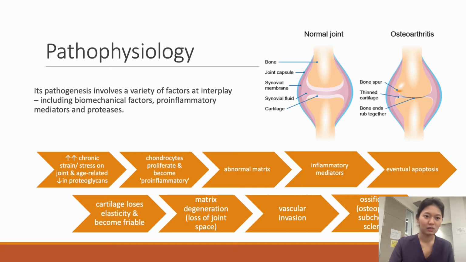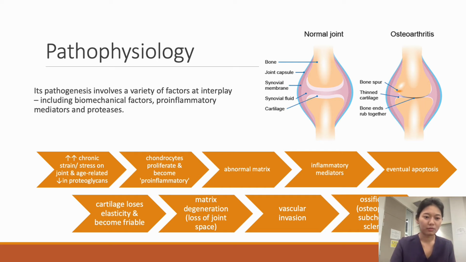So what causes it? A bit of pathophysiology. It was initially believed that it's all down to wear and tear, but more recent research shows that the pathogenesis involves a variety of factors, including inflammatory processes as well as biomechanical factors.